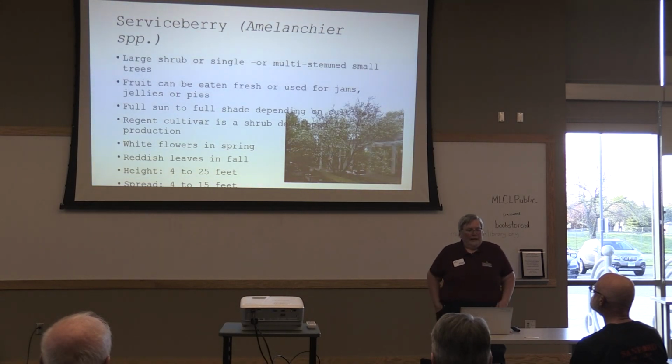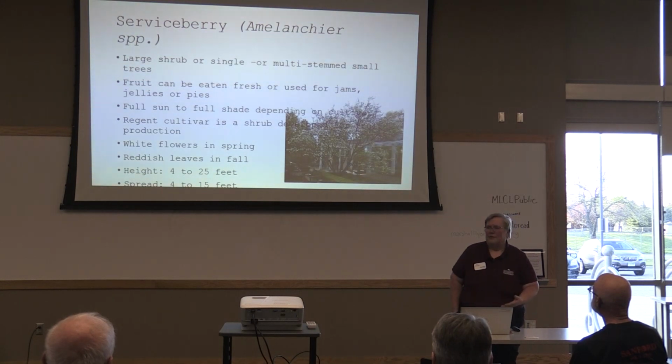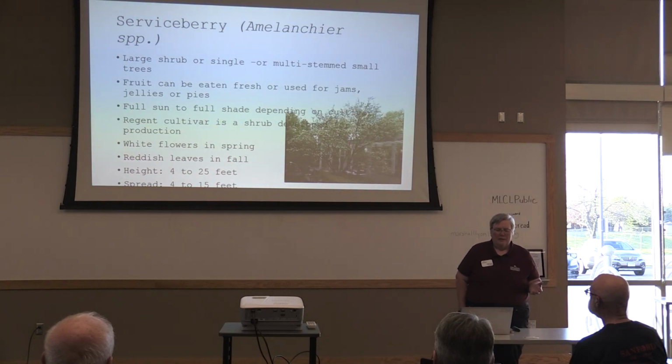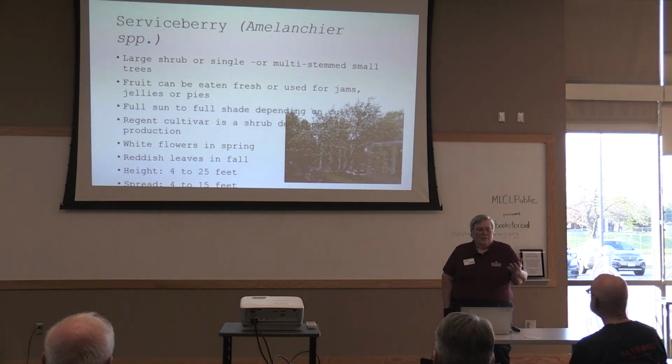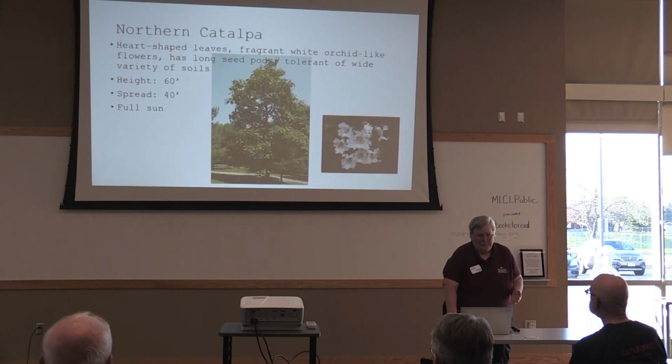It can be full sun to shade, depending on the species or cultivar that you get, the variety. The Regent cultivar is a shrub that's designed for fruit production. White flowers in the spring, reddish leaves in the fall, 40 to 25 feet, 40 to 15 feet. And again, that depends on the variety that you get. And there's a lot of them.